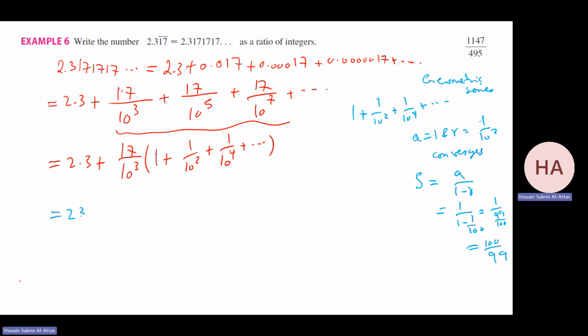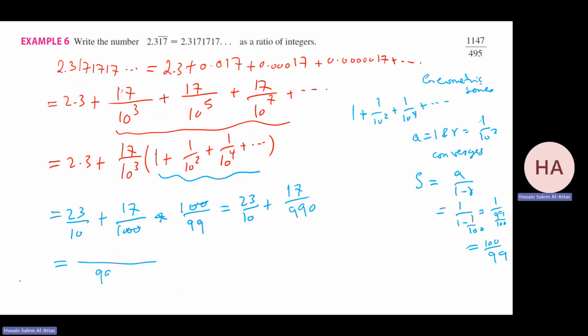This is 2.3, which is 23 over 10, plus 17 over 1000 times this sum, which is 100 over 99. The 23 over 10 is not related to the geometric series, and here the 100 cancels, so I have 17 over 990.